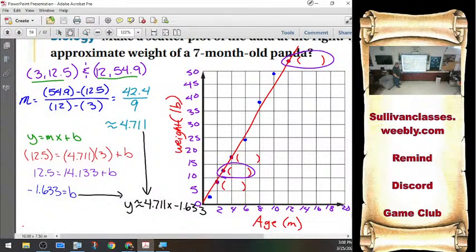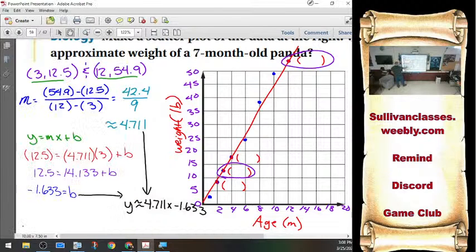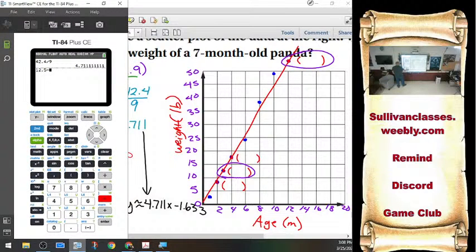See, your calculator's got this wonderful feature here where I can do stuff in the memory. I could have said 12.5 minus that answer times 3.